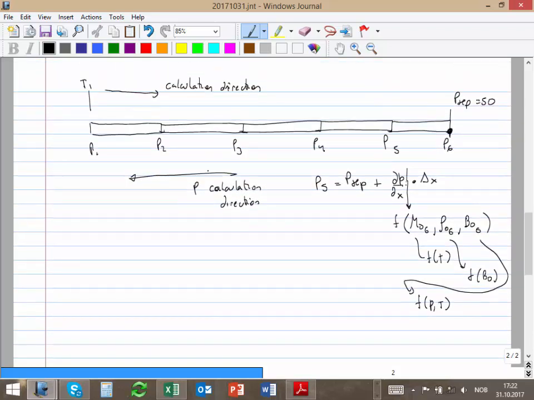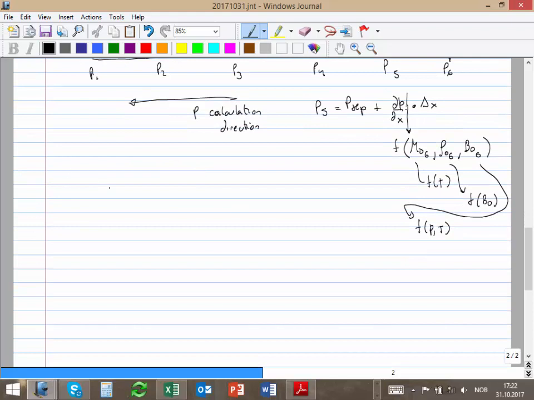Okay, so now we need temperature, and for this particular pipe, if we see the cross section of the pipe, we have the ID of the pipe, the internal diameter. Then we have the metal wall.